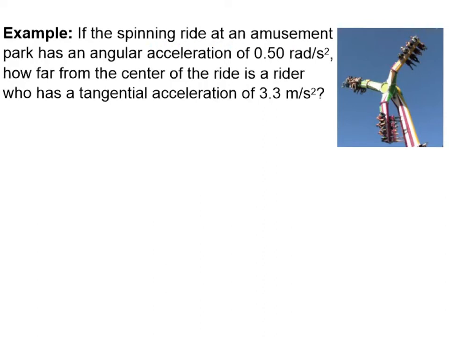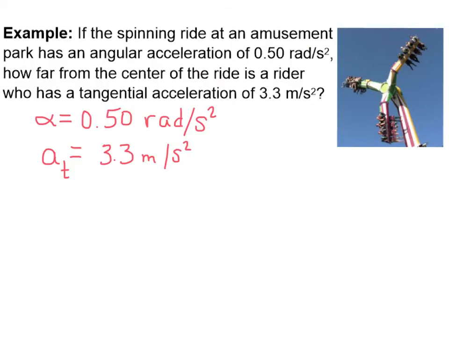If the spinning ride at an amusement park has an angular acceleration of 0.50 radians per second squared, how far away from the center of the ride is a rider who has a tangential acceleration of 3.3 meters per second squared? I'm going to write down what I know.